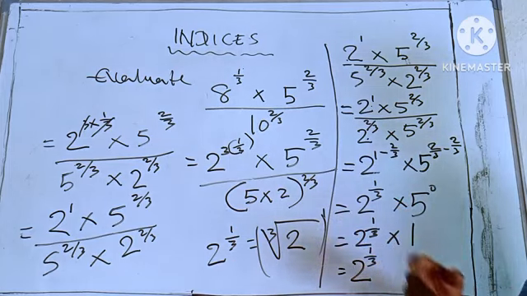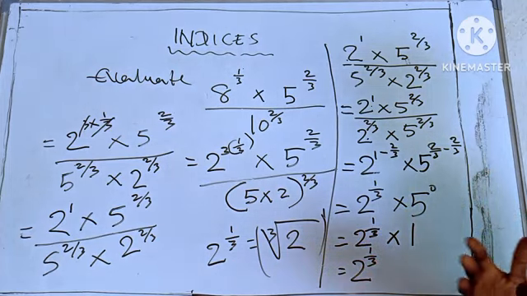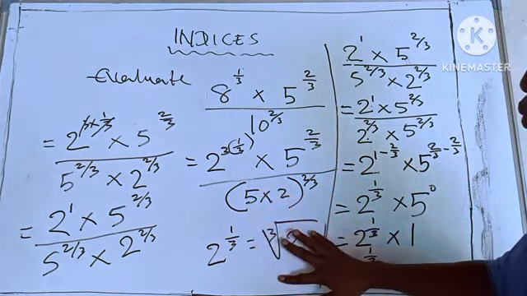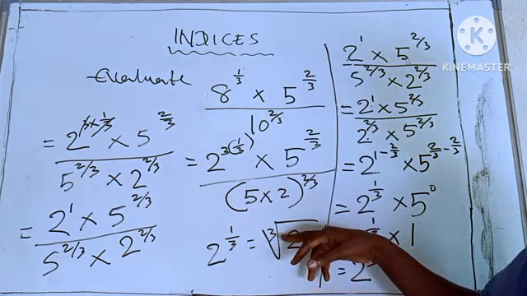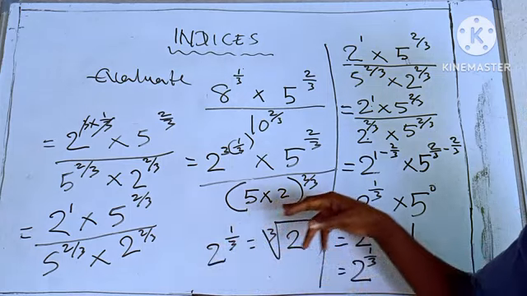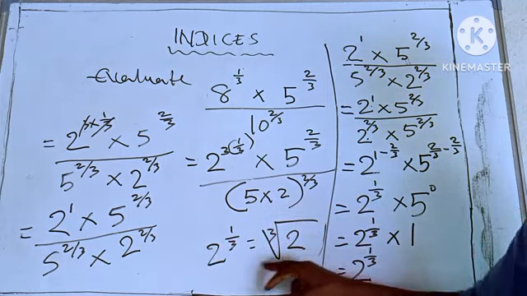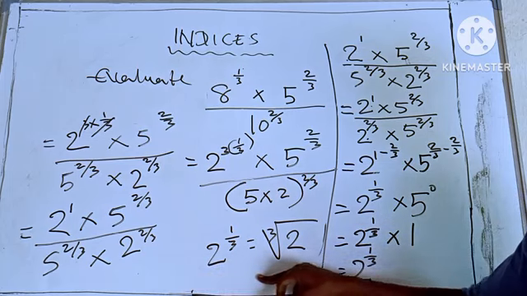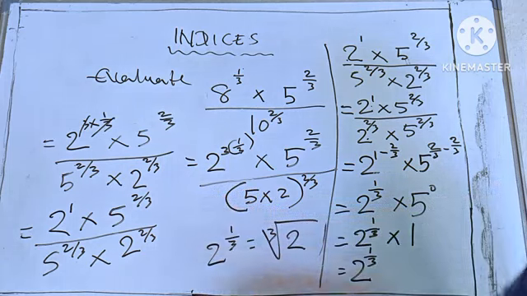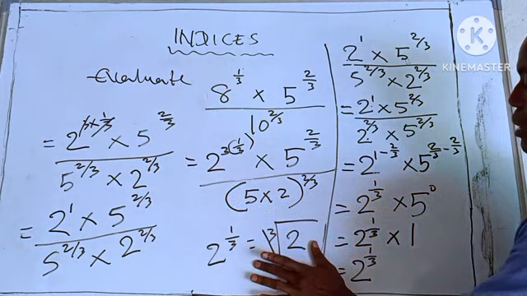So I said any number raised to power 1 will still give you that particular number. So no need of writing this one again. So the final answer is what? Cube root 2. You can leave your answer in this format or leave your answer in this format. All these two answers are correct. So you can either leave your answer in this format or leave it like this.